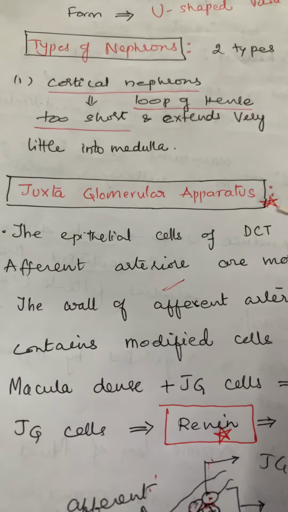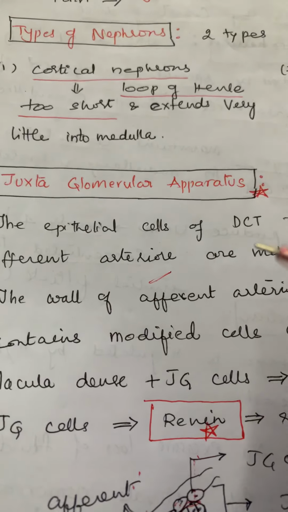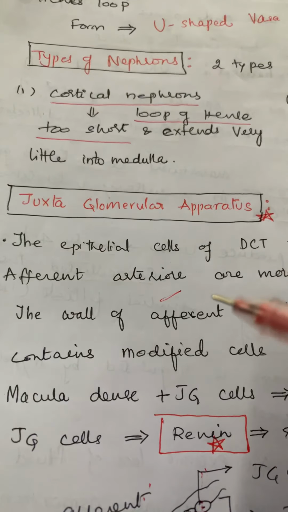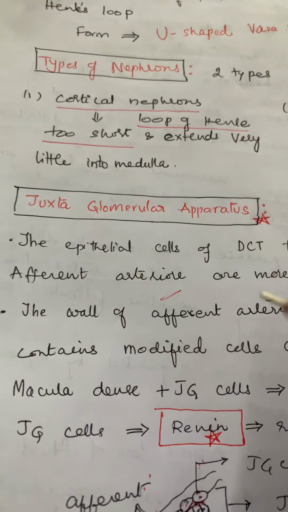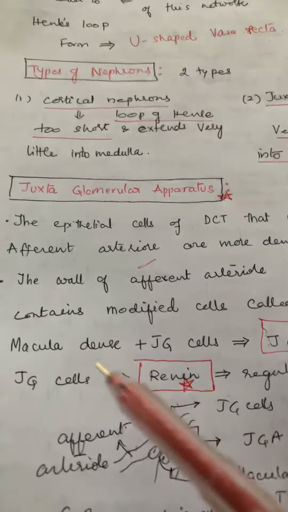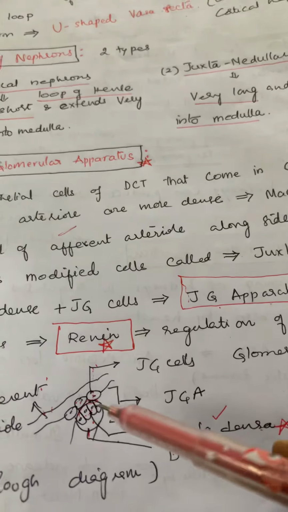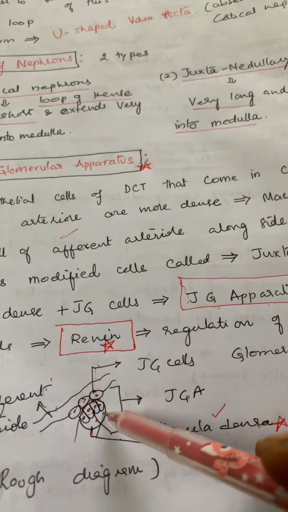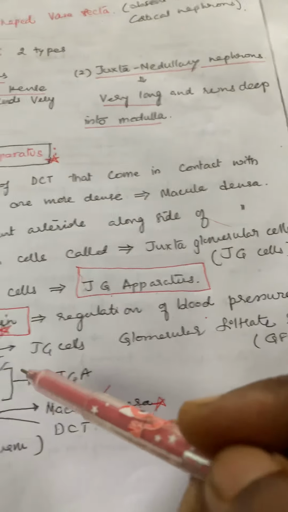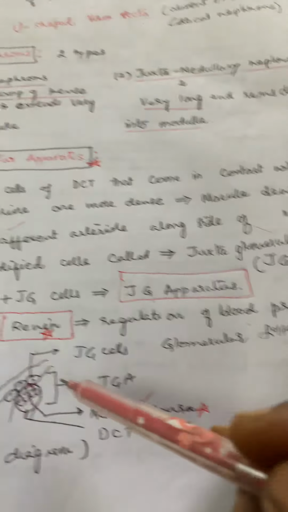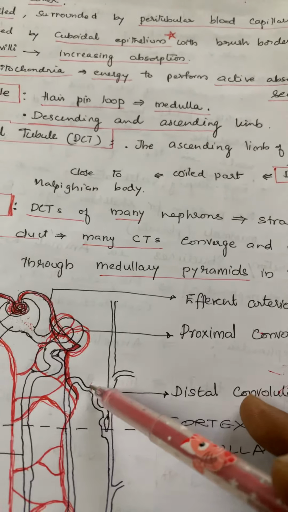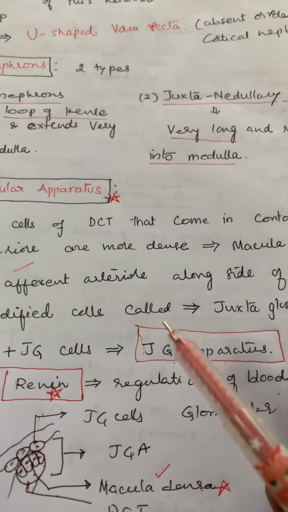Now, what is the juxtaglomerular apparatus? That is very, very important. The epithelial cells of the distal convoluted tubule that come in contact with the afferent arteriole will be more dense.